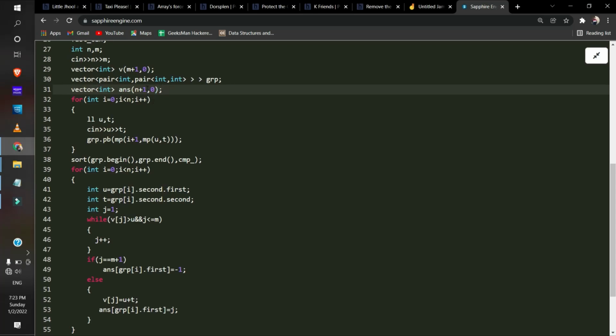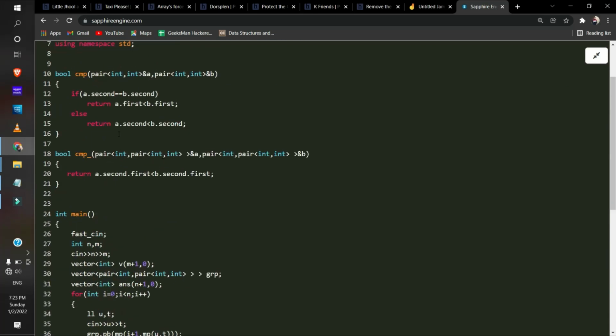Every person's answer will be stored in this one. Initially we'll input the starting and journey time and push it in our group as the ith person, because we have to output in the answer as the ith person. Then we'll sort the group with a compare function.